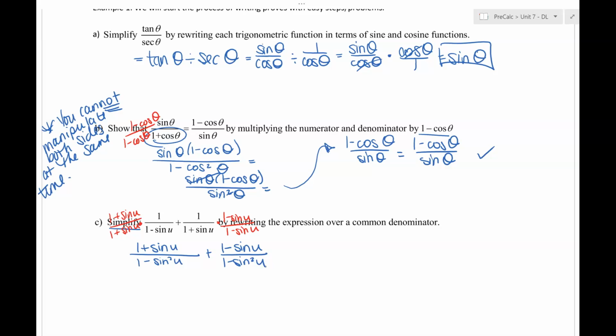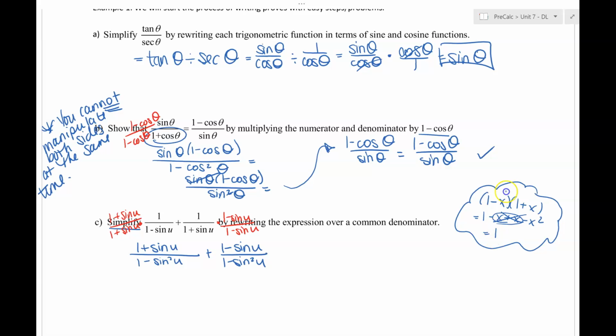Real quick, conjugates. Let's go over here to the thought bubble. If I have, let's say, 1 minus x times 1 plus x, and you were to multiply them together, you get this. What happens to the middles? They cancel out.